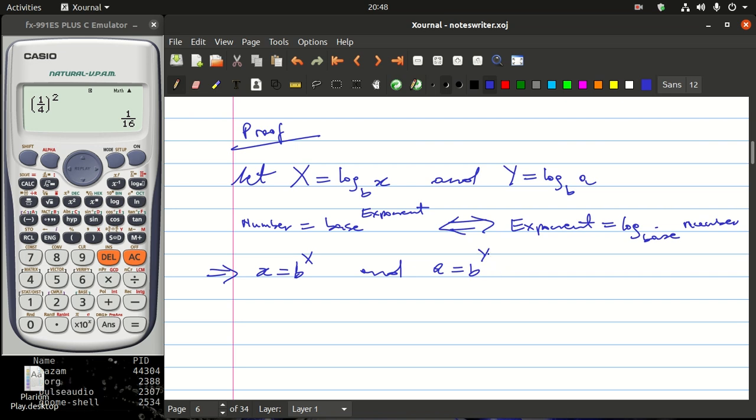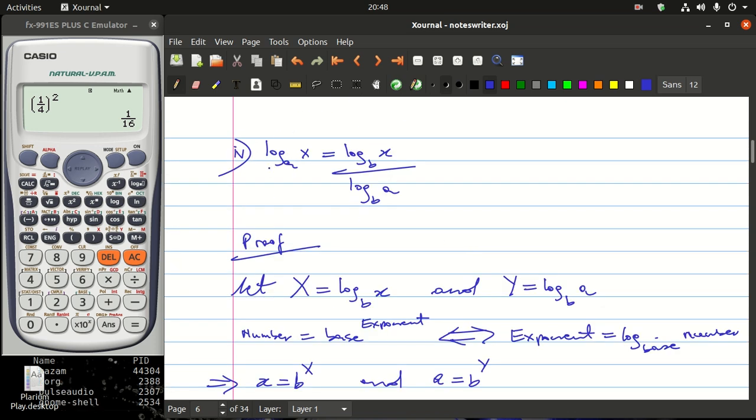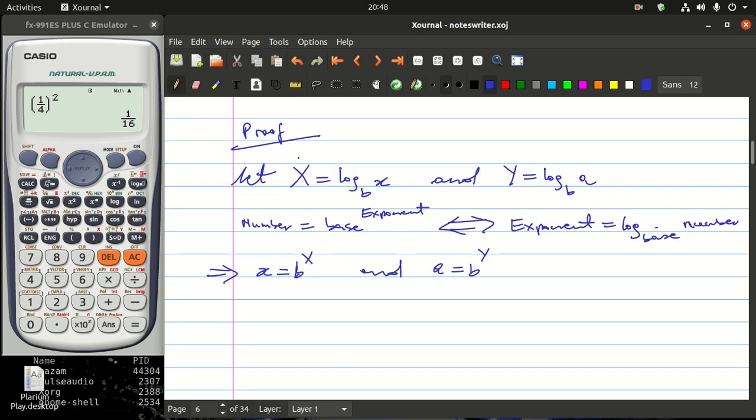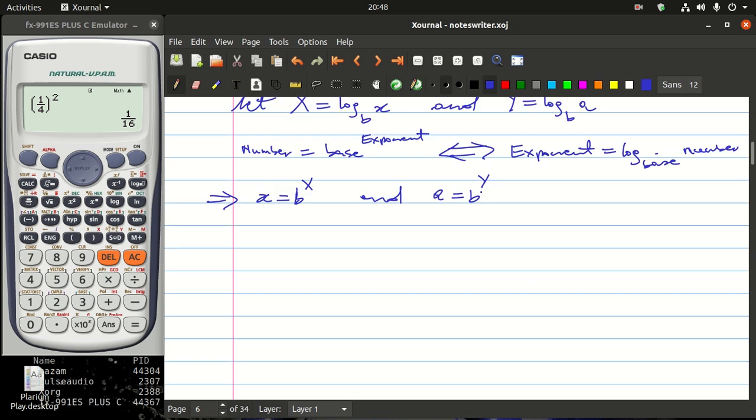Now if you look at this side here, we're trying to get up to here, so we don't have any b this side, so we want to eliminate this b. So we'll solve for b in this equation and then substitute into that equation.